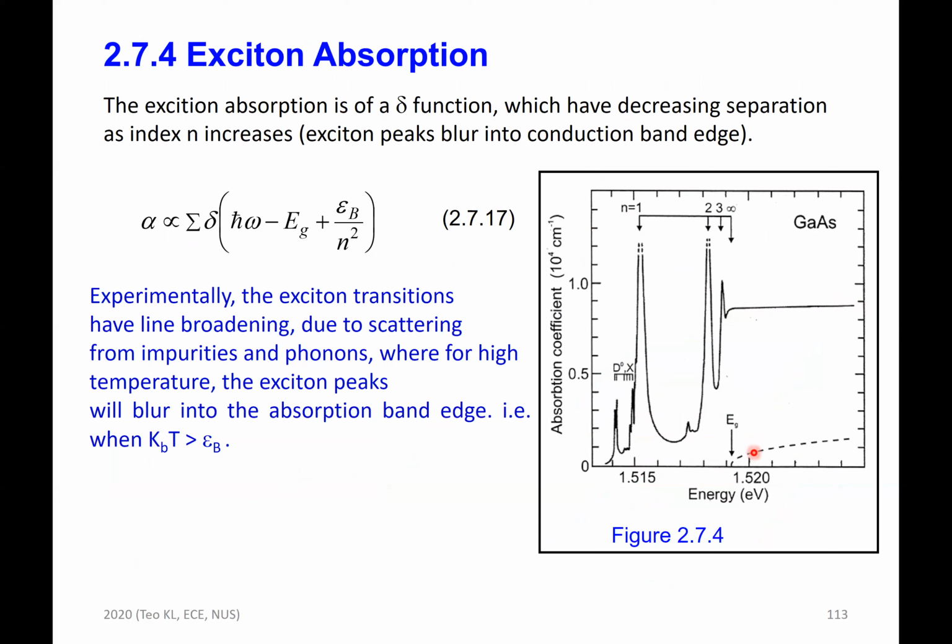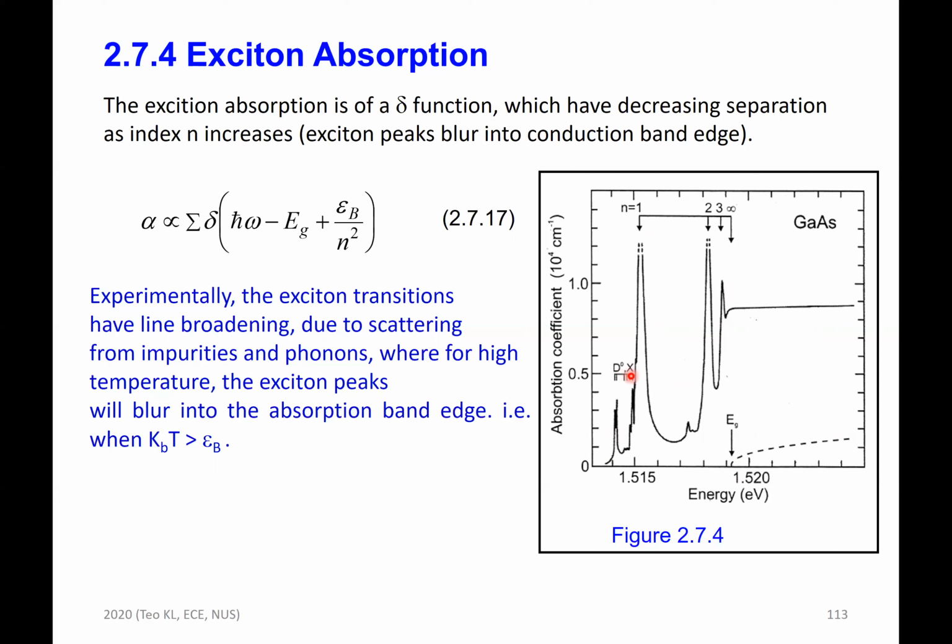For band gap recombination, free electron and free hole recombination, you expect to have a square root dependence, where this is the band gap. For exciton, you expect to have sharp peaks. So this is a free exciton, n equals 1, n equals 2, n equals 3. Below it, sometimes if you have a donor, you could have a donor bound to the exciton.